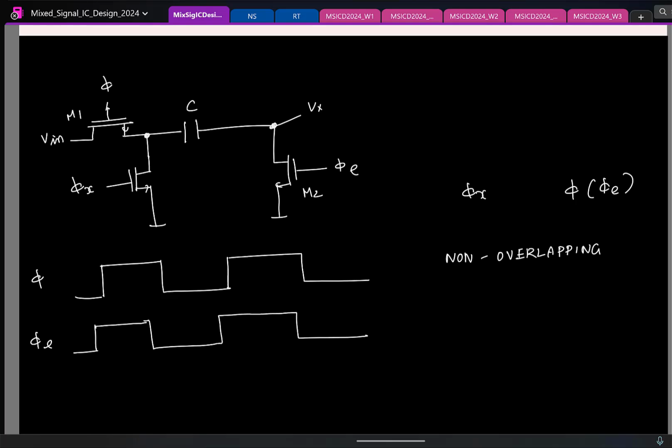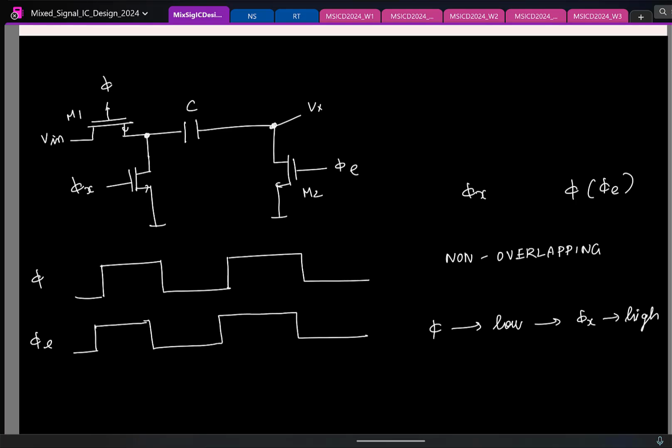That is, both phi x and phi cannot be active at the same time. You cannot have both clocks high at the same time. So only after phi becomes low will I make phi x high. This will guarantee that there is no overlap.